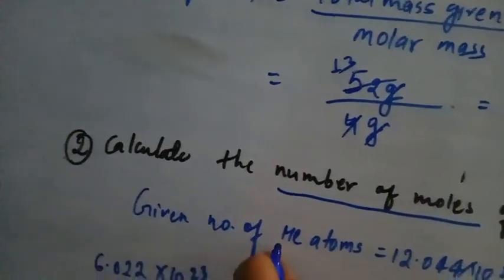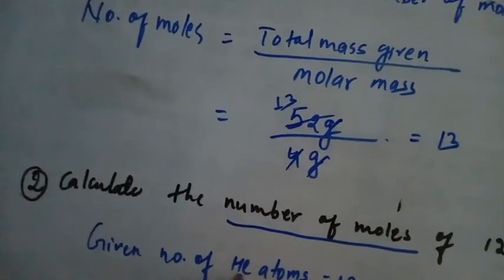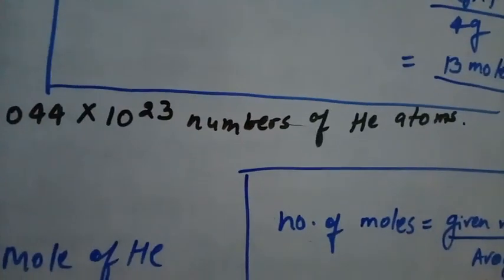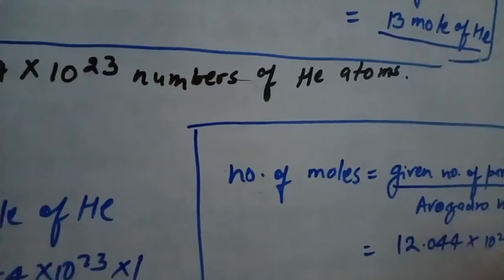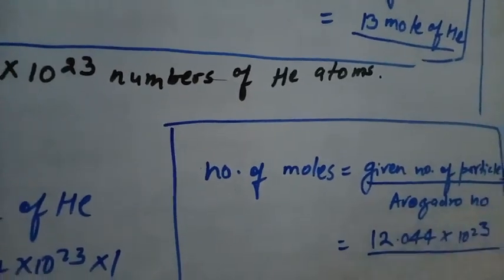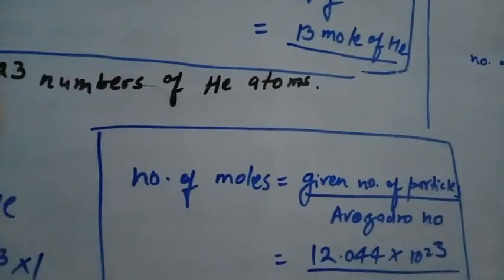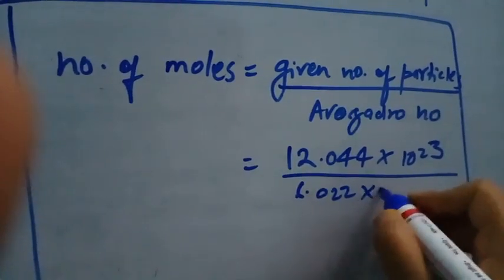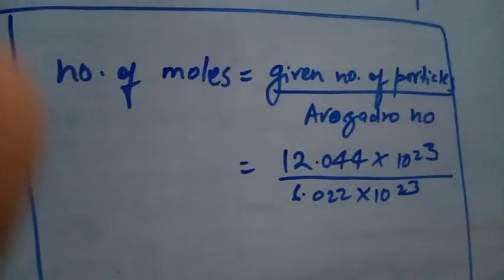Given number of particles here means given number of helium atoms, it is 12.044 into 10 to the power 23 atoms divided by, we know the value of Avogadro number, it is 6.022 into 10 to the power 23 atoms.